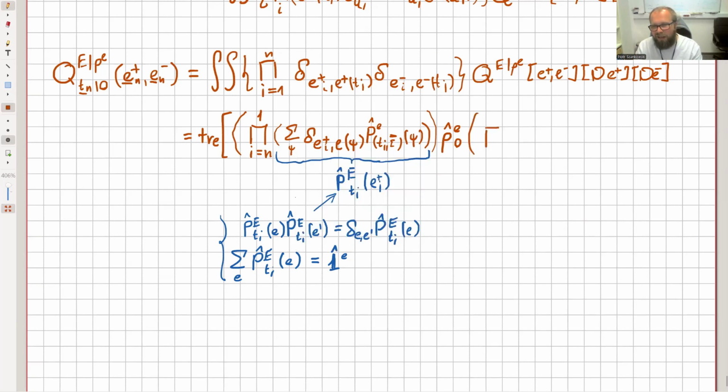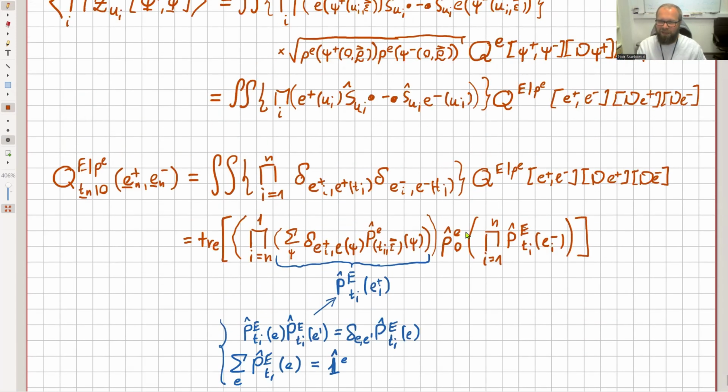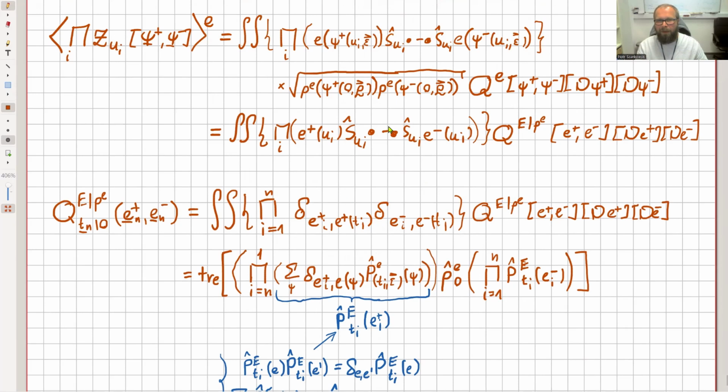So this is a shorthand notation. And we can already immediately use it here, P E Ti E I minus. Okay, so this is basically the by probability, but without the degree of freedom where you can change basis with each time step, because we are dealing with only one observable, so we don't have to.